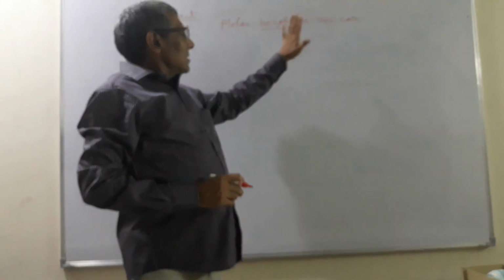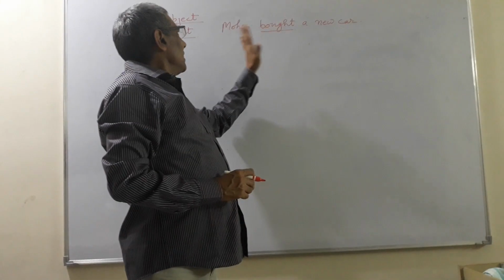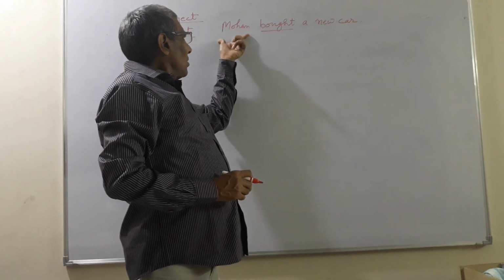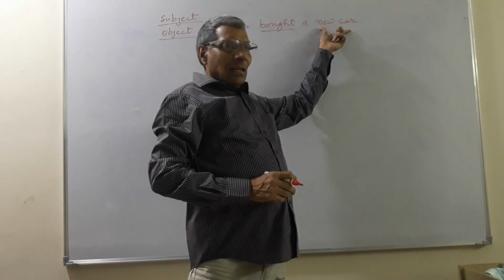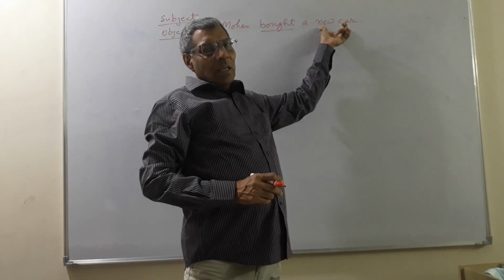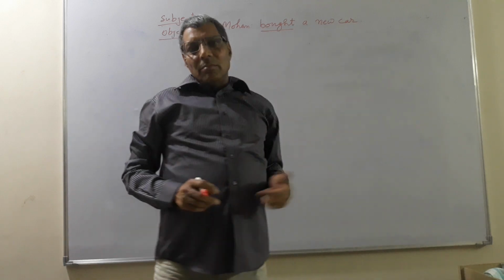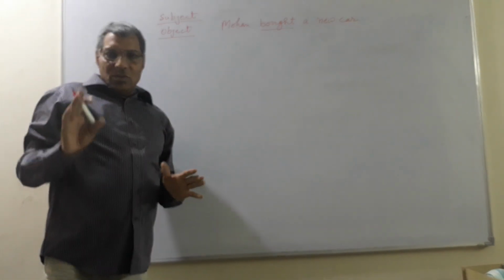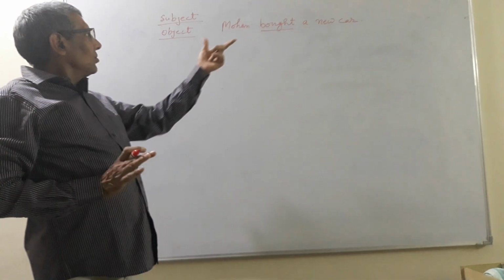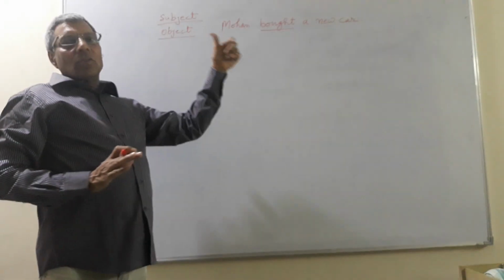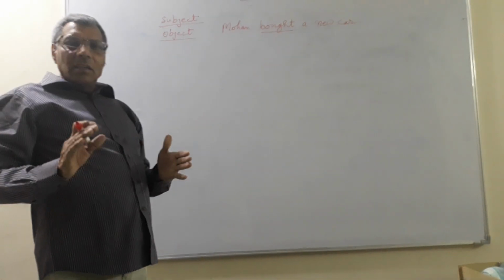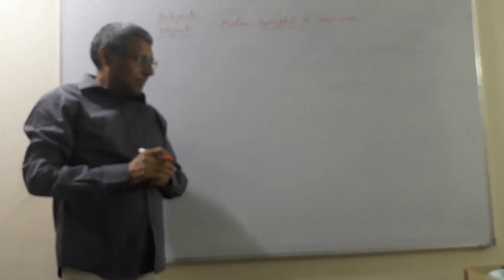So in this sentence, we see that a noun is being used as the subject and another noun is being used as the object of the verb bought. So you have learned two things, that a noun can be used as the subject of a verb and a noun can also be used as the object of a verb.